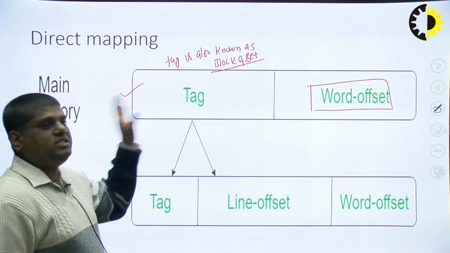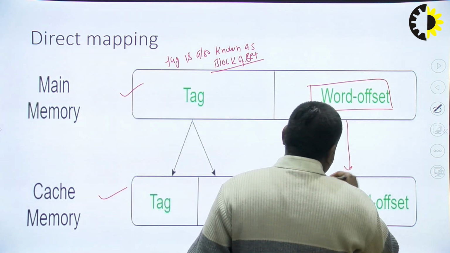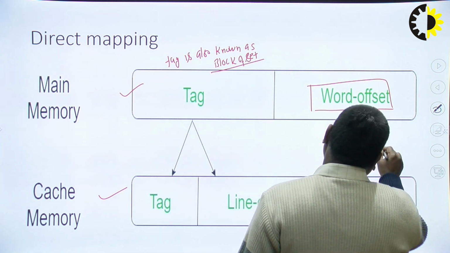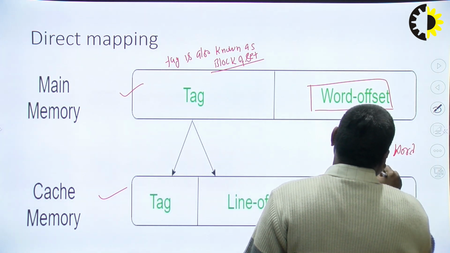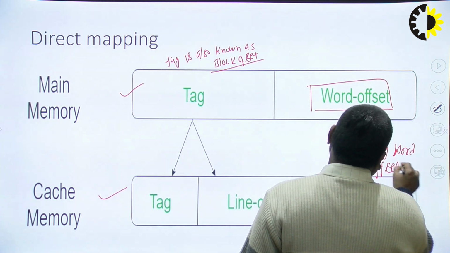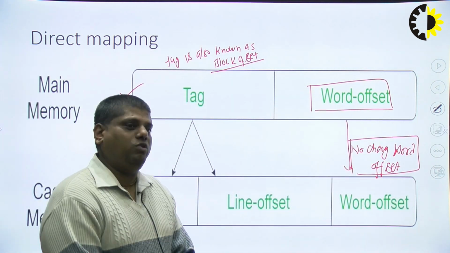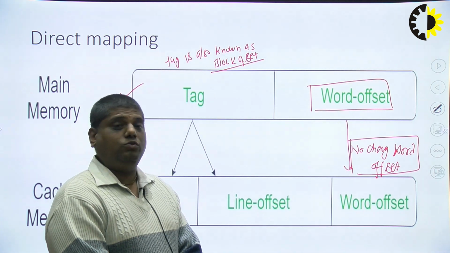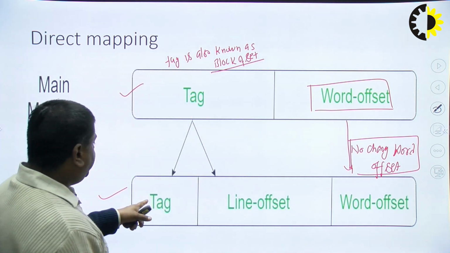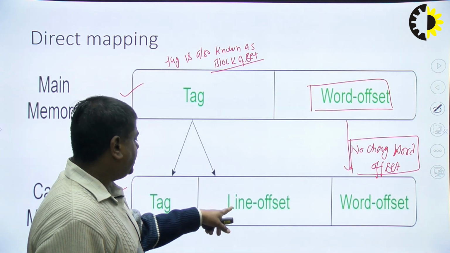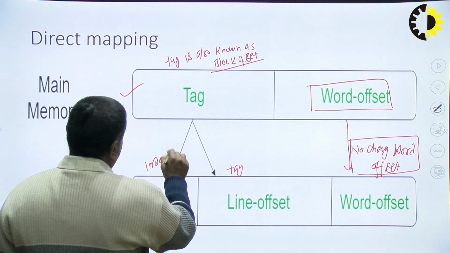When this data is mapped into the cache memory, there is no change in the word offset. This point is very important. When any data of the RAM is mapped into the cache, the word offset is not changed. Only the tag changes. The block offset is divided into the tag and the index.